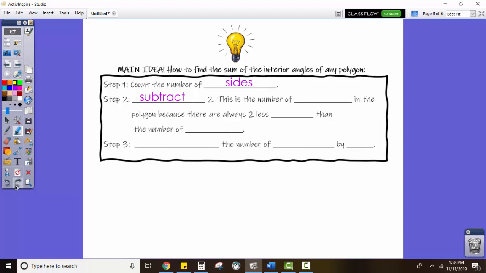This is the number of triangles in the polygon because there are always 2 less triangles than the number of sides. This is true always for any shape. And then step 3, you're going to multiply the number of triangles by 180 degrees. That will give you the total degrees in any sided shape.